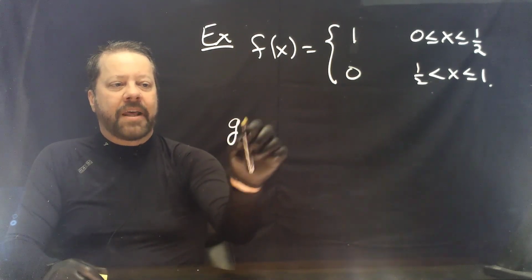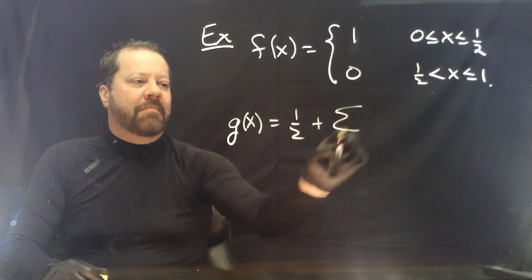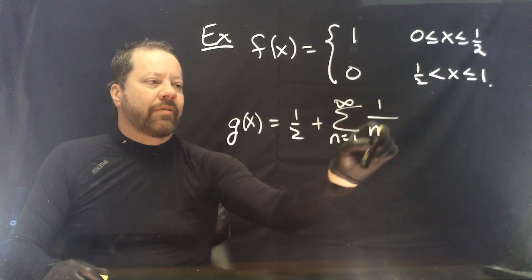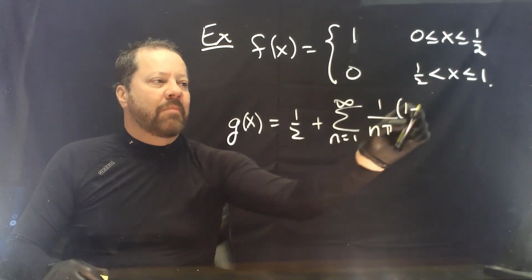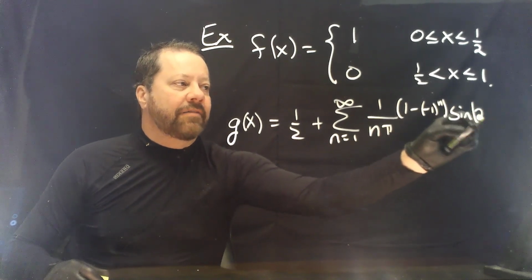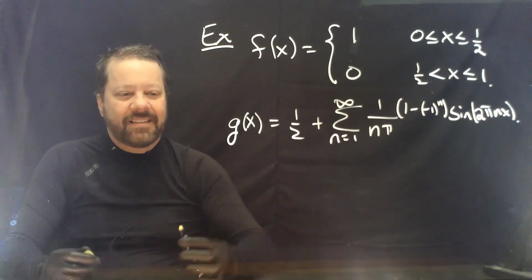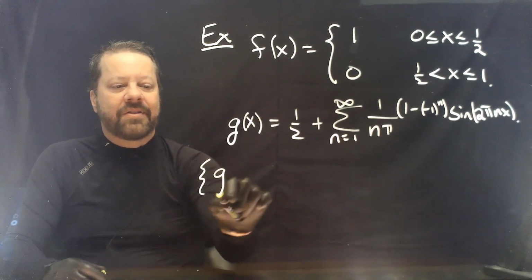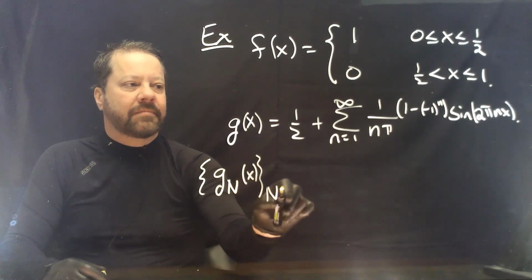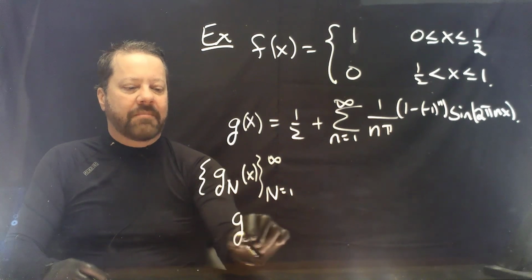We had the Fourier series 1/2 plus the sum, as n goes from 1 to infinity, 1 over n pi, 1 minus -1 to the n, sine of 2 pi n x. Now consider the sequence Gn of x, where we take this partial sum.